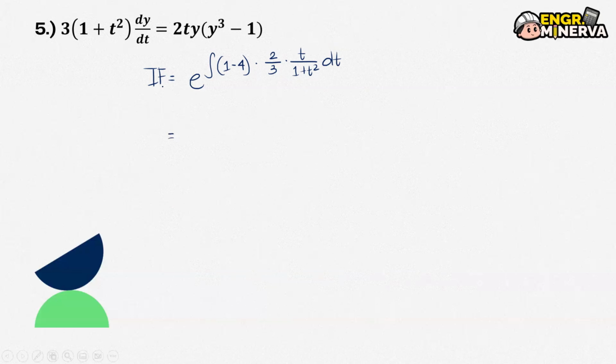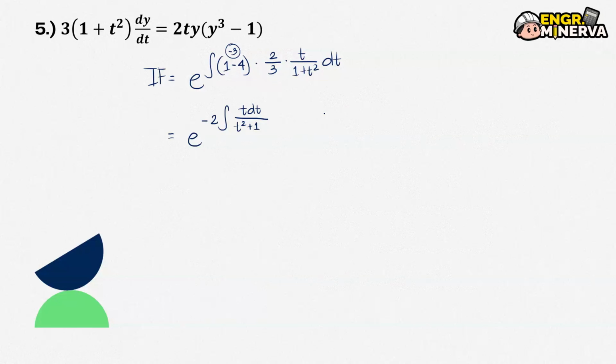So let's factor out all the coefficients first. So 1 minus 4, this would be negative 3. So negative 3 multiplied by 2/3, that would be negative 2. This is t dt over, so I'll just make this t squared plus 1.